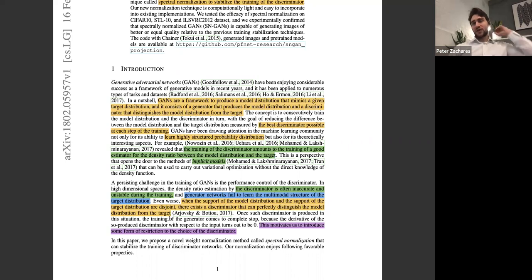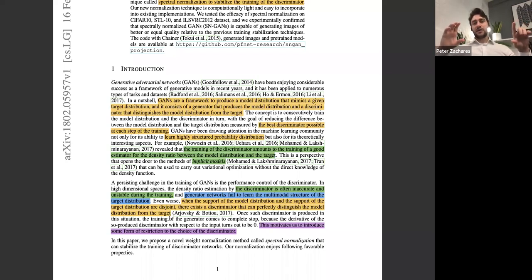So if your generative model is so bad that it starts generating images that look nothing like the data set you're training with, then it becomes really easy for your discriminator to tell the difference between the two.